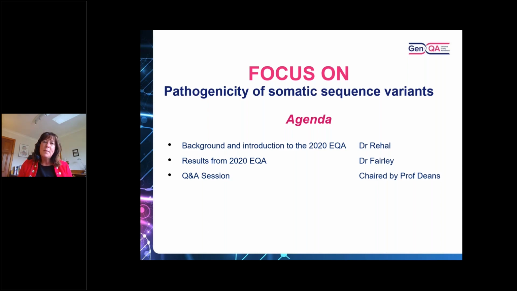This has come about through participant demand and our awareness of change in testing strategies in molecular pathology, from moving away from small single gene panels, hotspot targeted testing, into larger NGS gene panels up to 200, up to 500 different genes, whereby we really do need to apply some sort of interpretation on not just the pathogenicity, but the clinical utility of these variants in the cancer patient pathway.